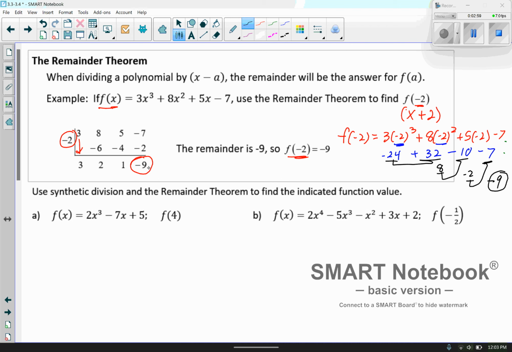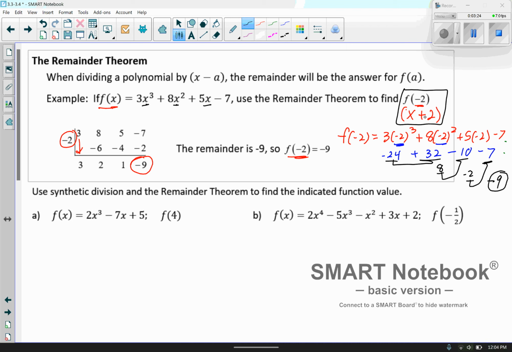As you can see, synthetic division was a lot faster than plugging in the x values. The one thing I do want to point out is the function notation f of negative 2, written as a factor, would be x plus 2. As a factor, it would be x plus 2.